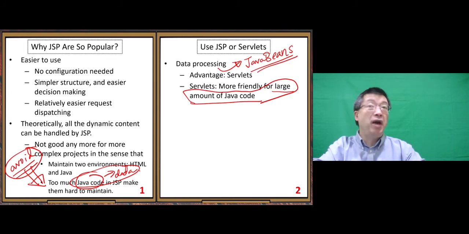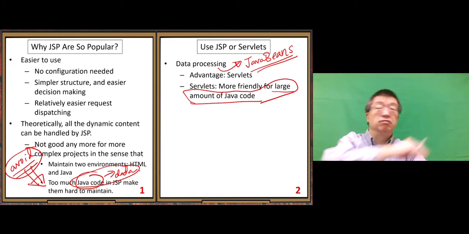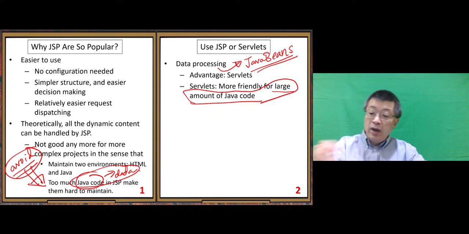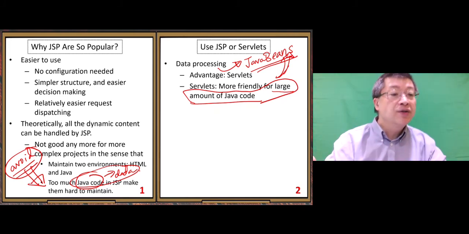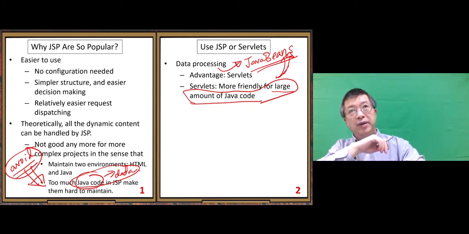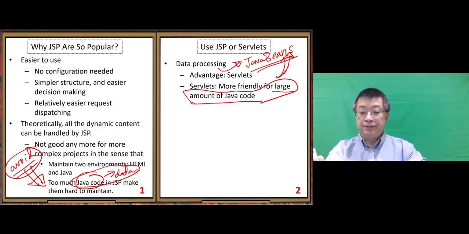It will not impact any static content of your HTML files. You can do very complicated data processing in servlets. Another possible place to do it is in Java Bean. You can also do that in Java Bean.